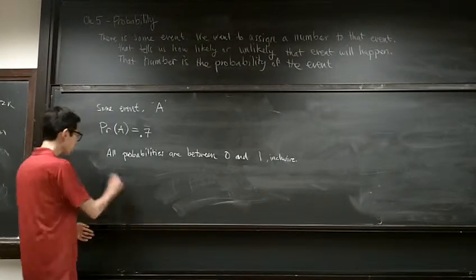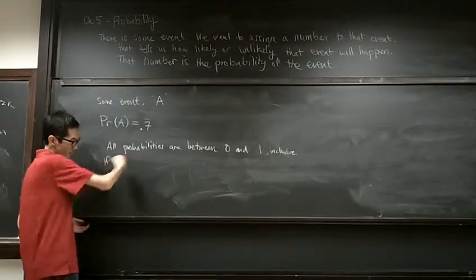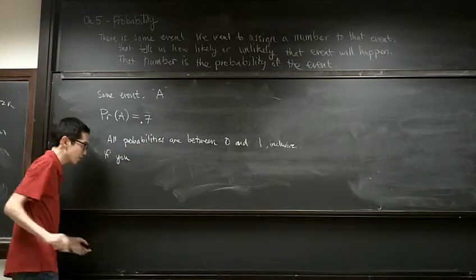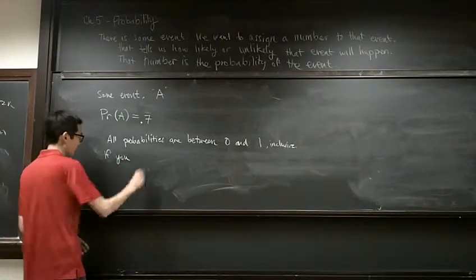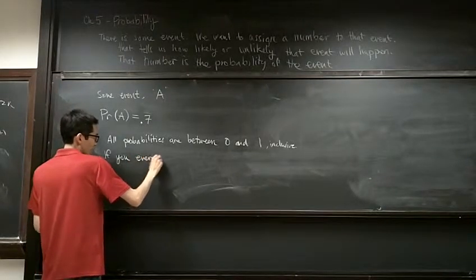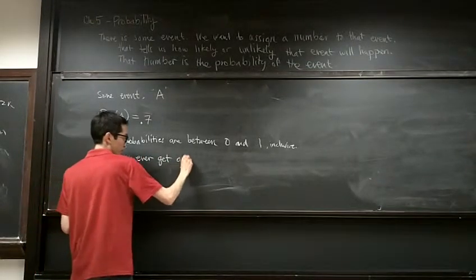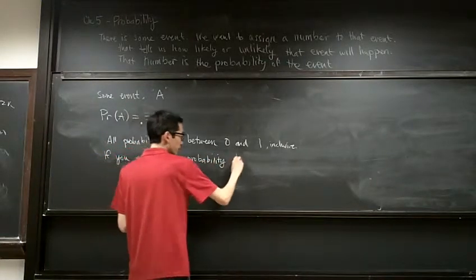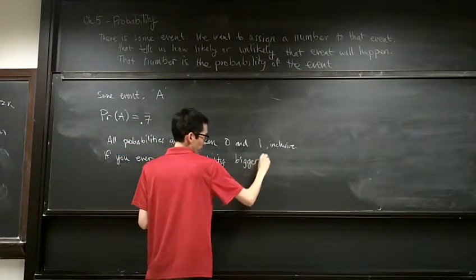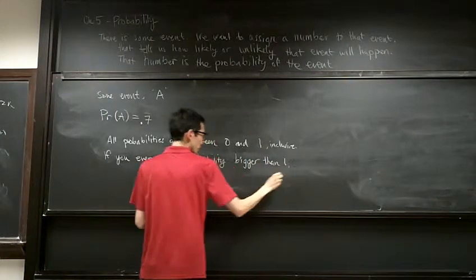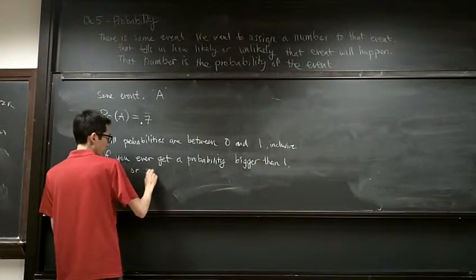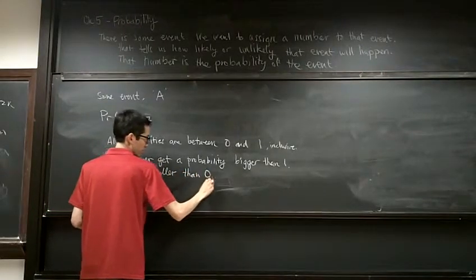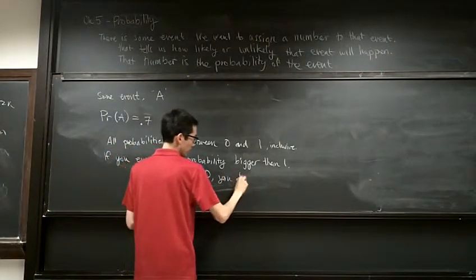Okay? So if you ever get a probability that's implied by this sentence, but I'm going to write it because I always get students who write other things. If you ever get a probability bigger than 1 or smaller than 0, you did something wrong.